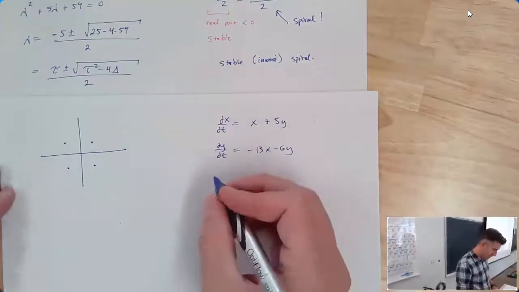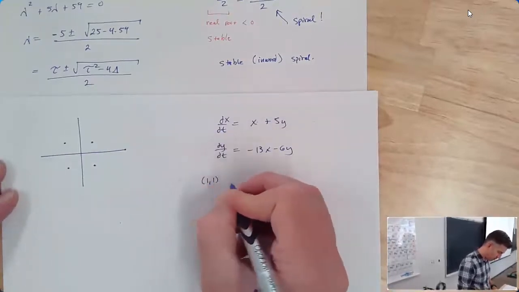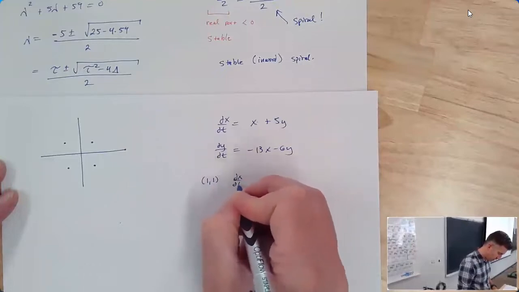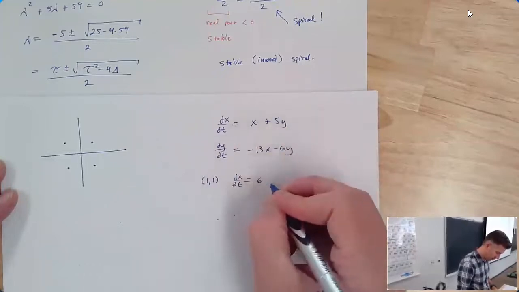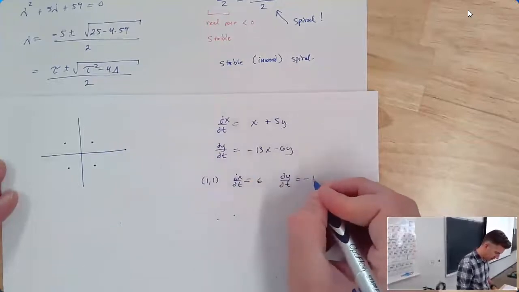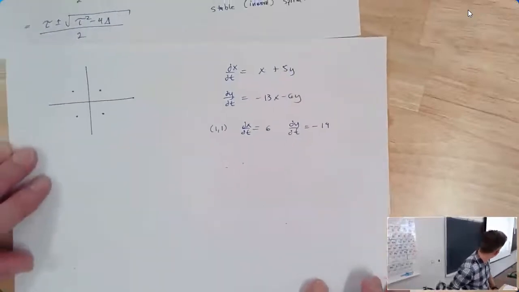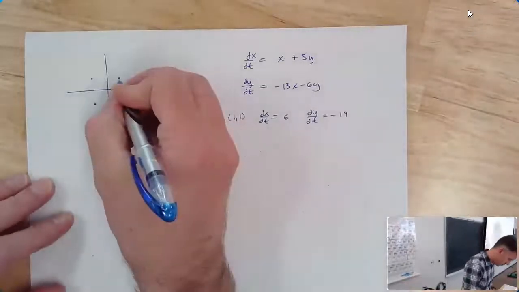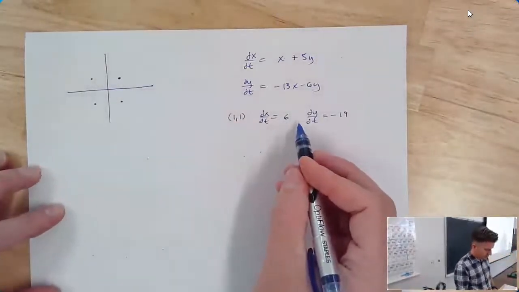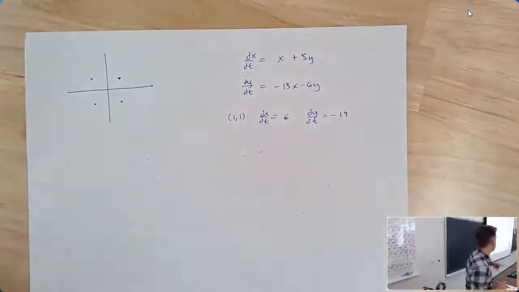What we're going to do is plug in each of those possible points into these differential equations. So at 1, 1, dx/dt is equal to 1 plus 5, and dy/dt is equal to negative 13 minus 6, which is negative 19. So at the point 1, 1, we're going to go 6 to the right and 19 down, but we're not really going to go 6 to the right or anything.